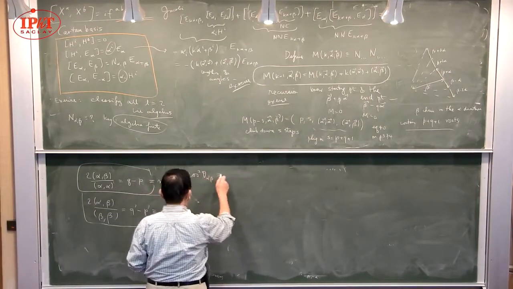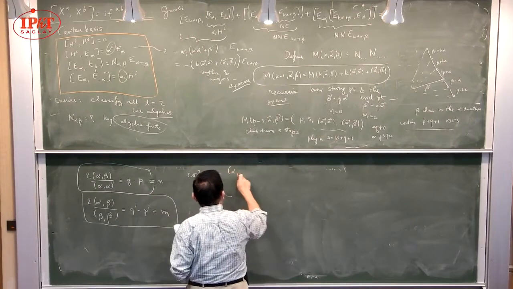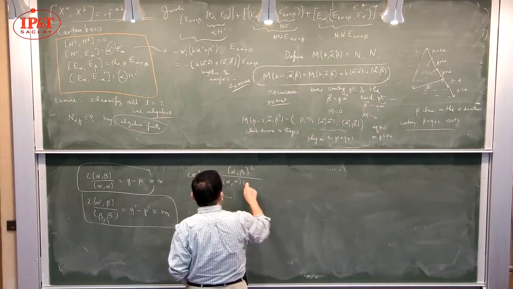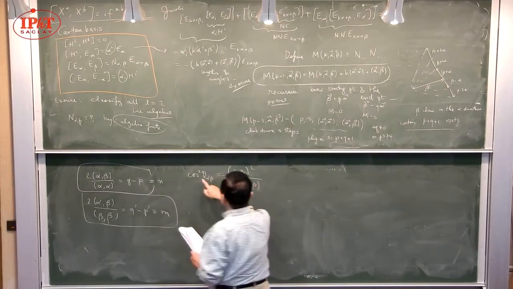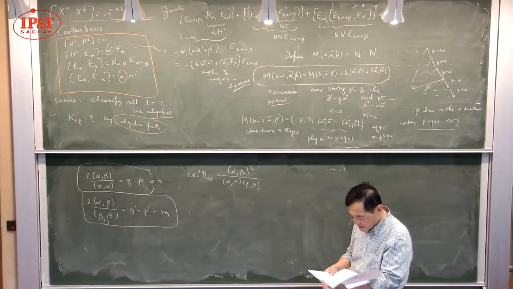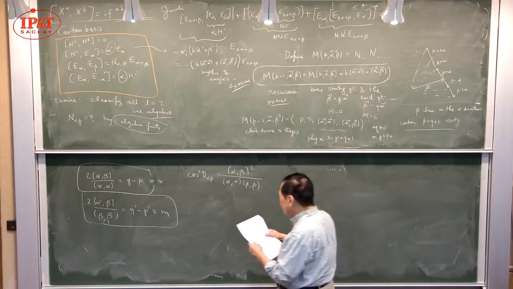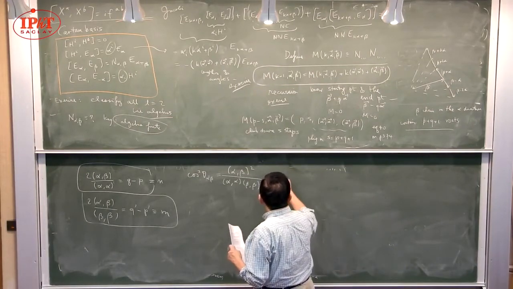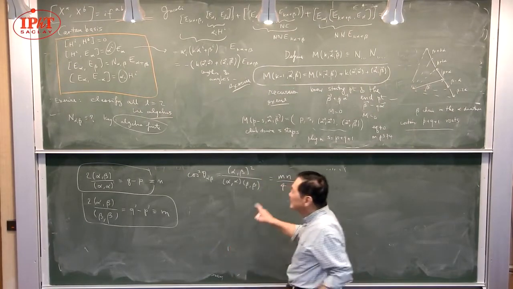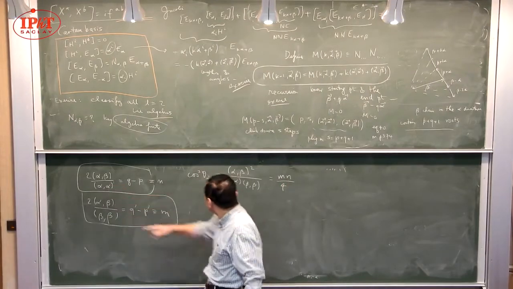If I multiply the two of them, I get alpha beta square, alpha alpha, beta beta. And that's equal to cosine square theta alpha beta, right? Which is equal to mn over 4. So the 2 was crucial here.